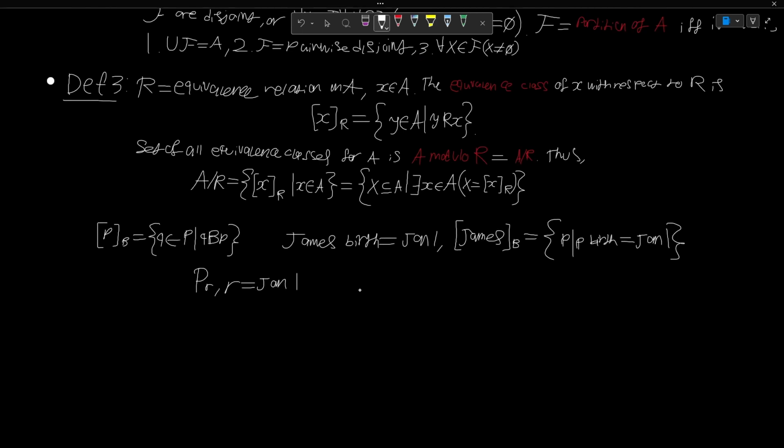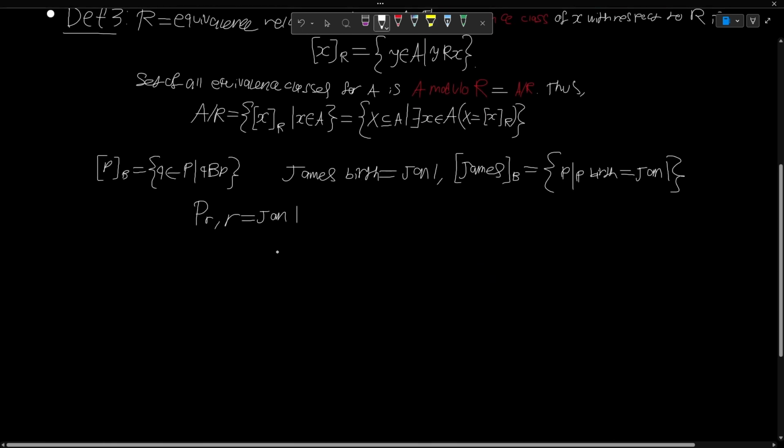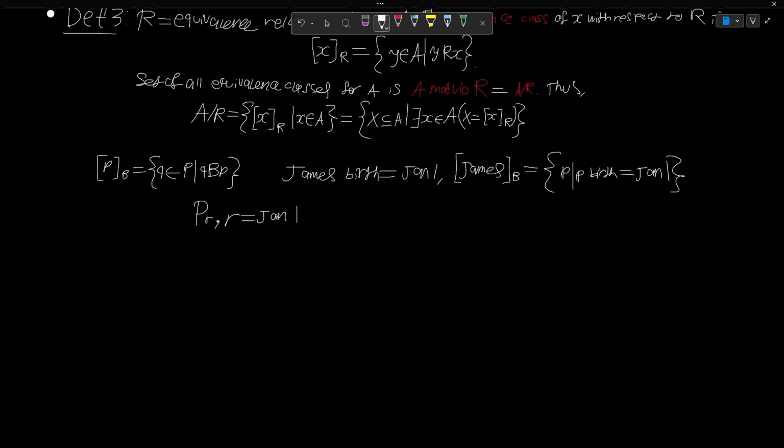And in the notation we did earlier, the equivalence class for James would just be P_R, where R is equal to January 1st. In fact, we can generalize this to say that the equivalence class for any person P with respect to B would be just P_R in the notation we introduced earlier, where R is P's birthday. So that confirms that this notation we introduced earlier is an equivalence class.